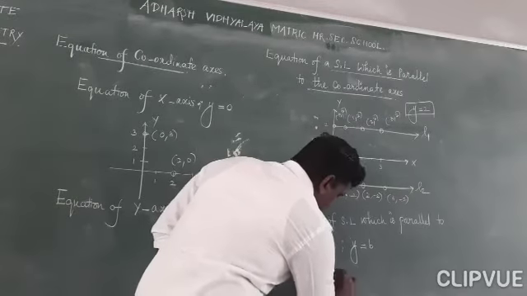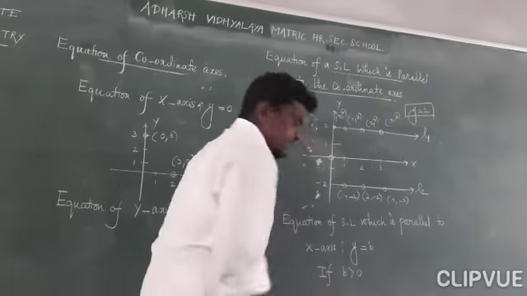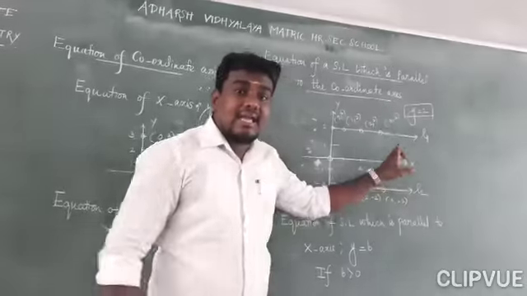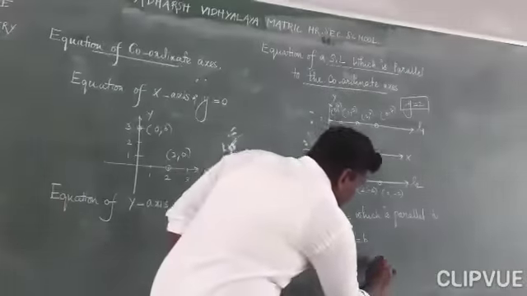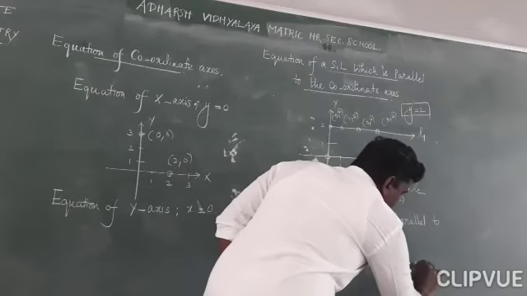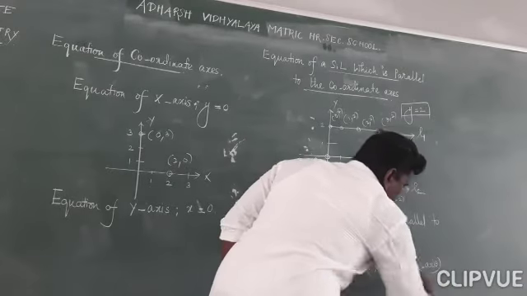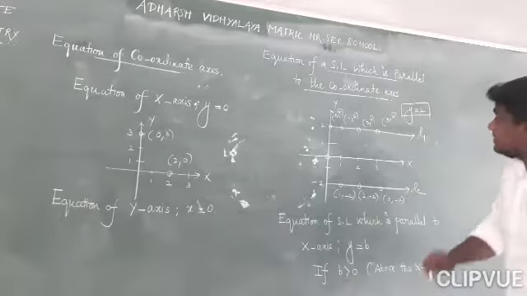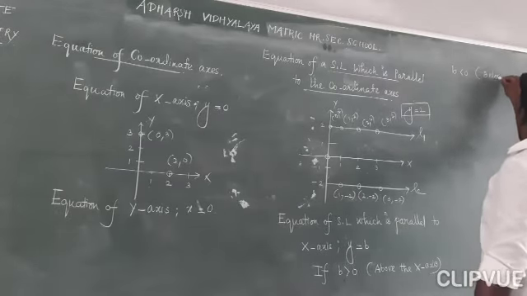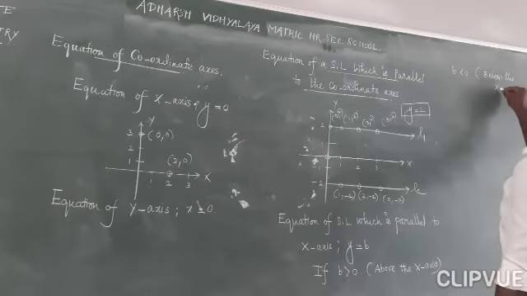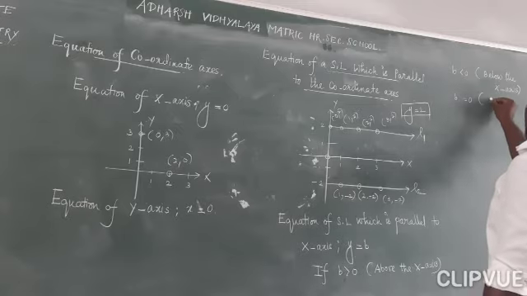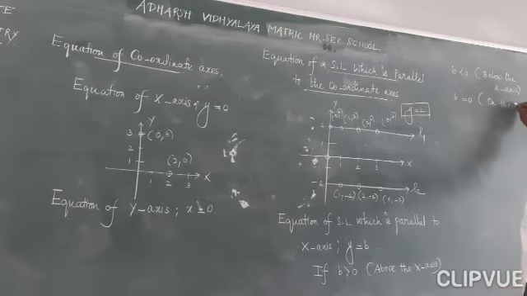If b is greater than 0, the straight line lies above the x-axis. If b is less than 0, below the x-axis. If b is equal to 0, it is on the x-axis.